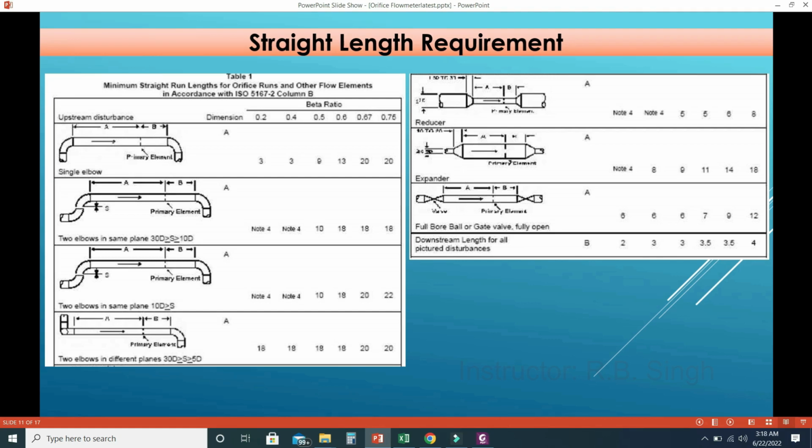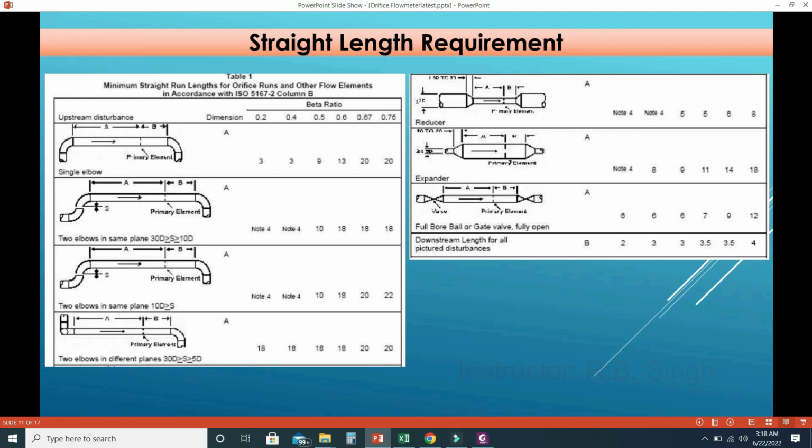That is how we will consider the straight length requirement. So these are the criteria, and these are the values of upstream straight length requirement. This is the beta ratio of the orifice plate. So we will have the beta ratio during the calculations.